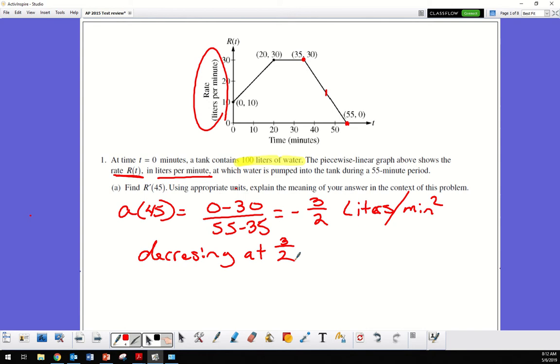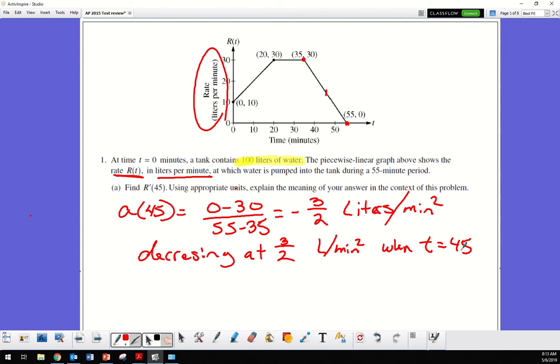Negative 3 over 2, or no? Nope, just 3/2, because decreasing is already negative. It's going down. So decreasing at 3/2 liters per minute squared when t equals 45.